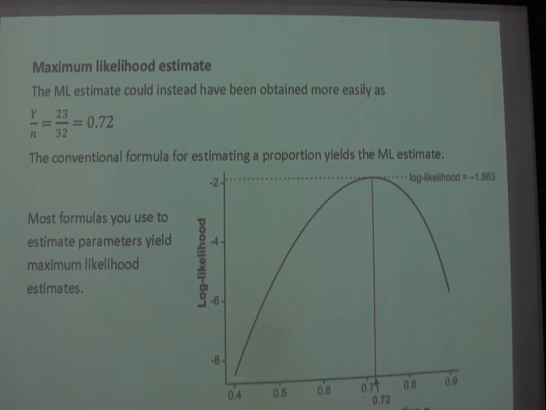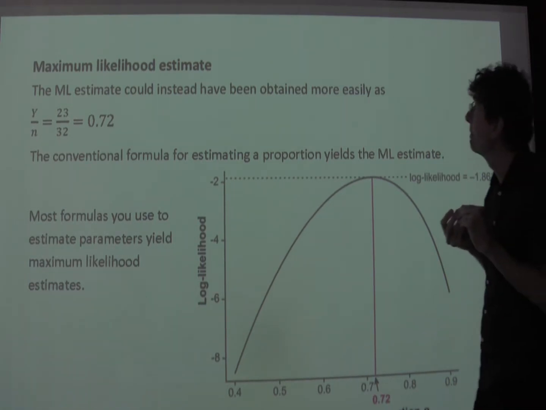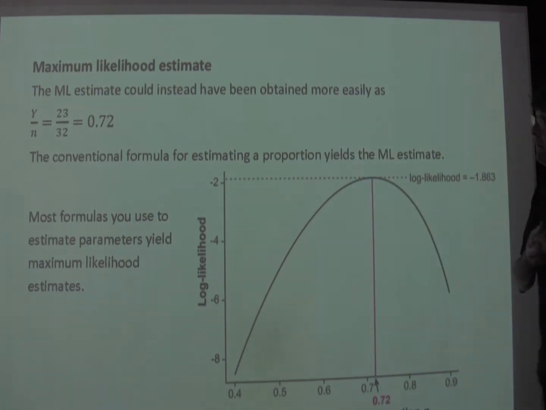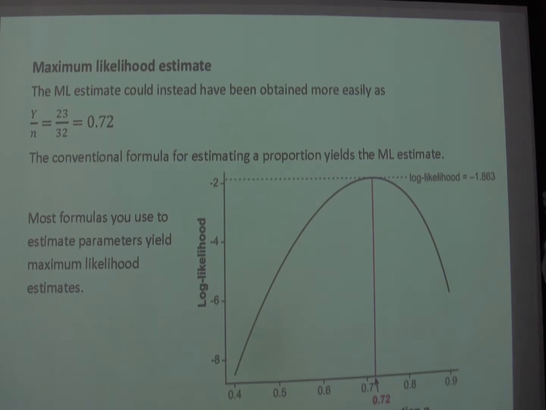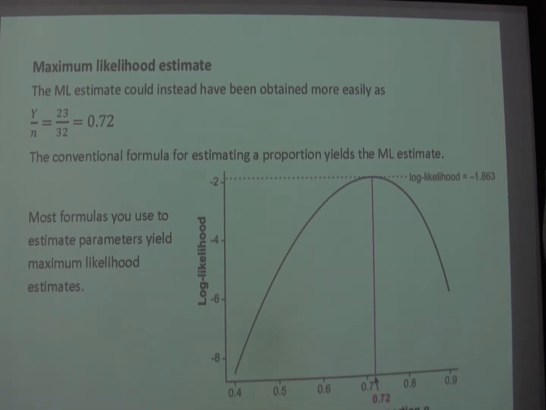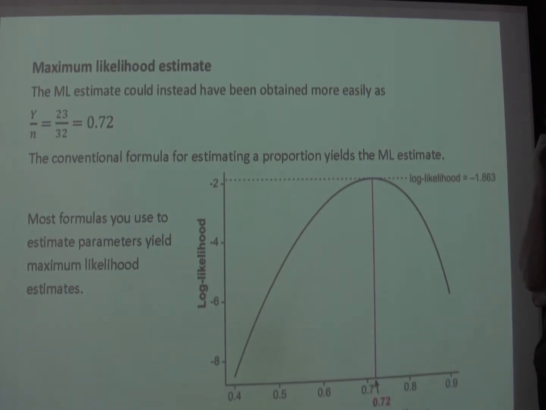Now, if you have your computer in front of you in your R console, you will have realized that 0.72 is just 23 out of 32. And so you might have thought to yourself, he's wasting our time because we already know what the proportion is. It's 23 out of 32.